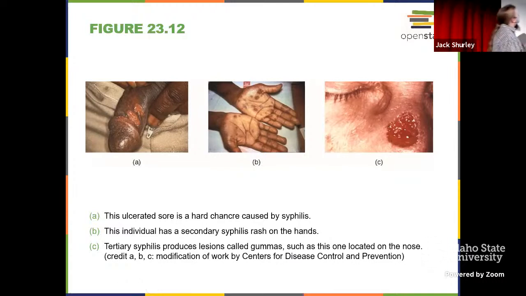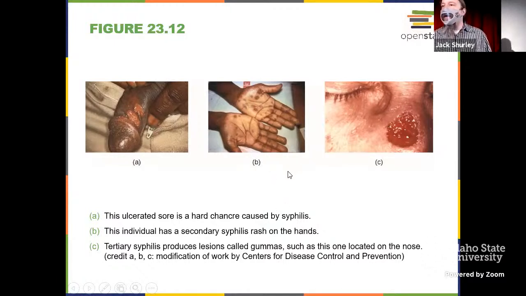The next image, B, is a secondary syphilis rash on the hands. And this ultimately transmitted, coming in contact, sets the stage for that. There's also the potential for dissemination, but I believe that's how that's occurring in the first place.